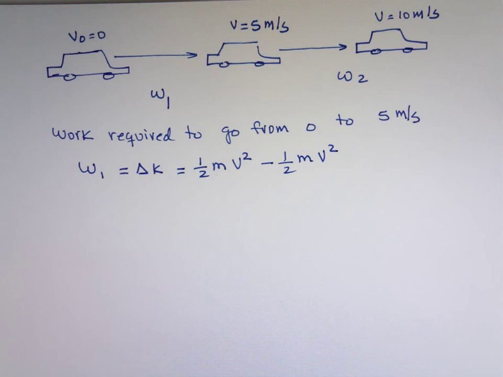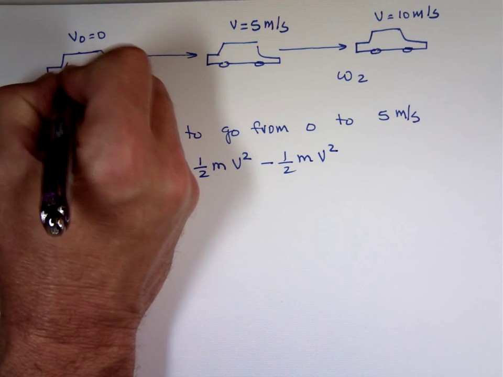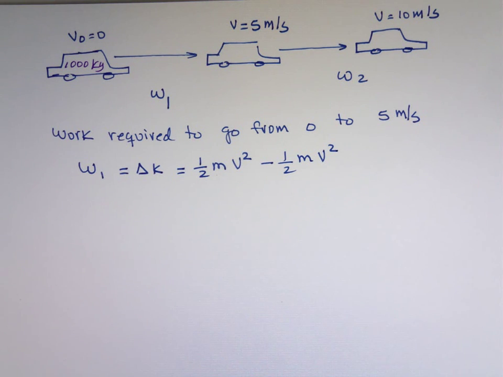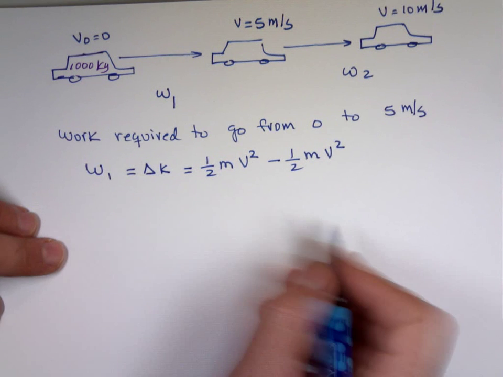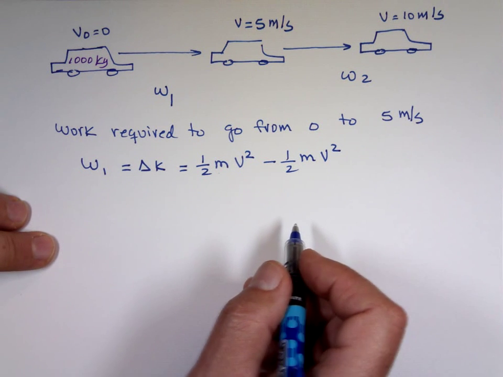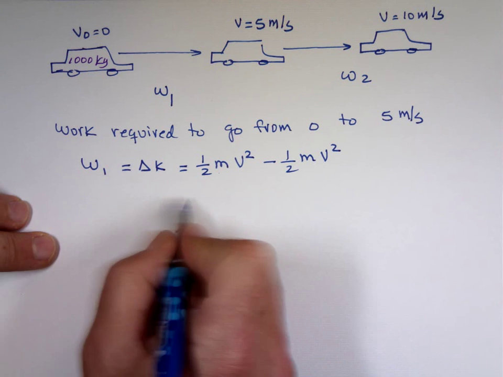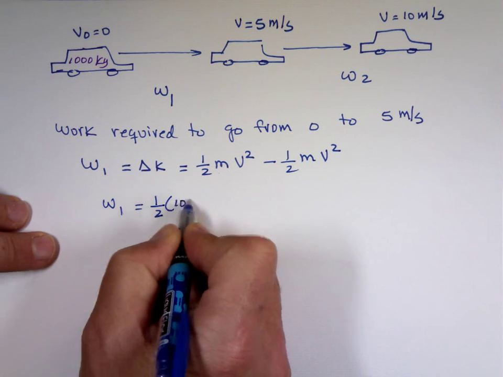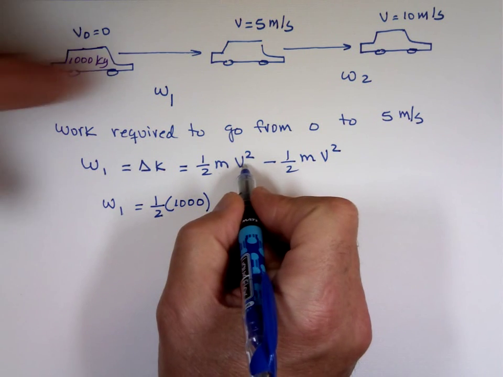1,000 kilograms. 2,200 pounds. That's what an average car is. Honda Accord, Toyota Camry, about 2,200 pounds. So let's see how much work is required. So the work will be 1/2 the mass, which is 1,000. What is the final velocity for the first case?